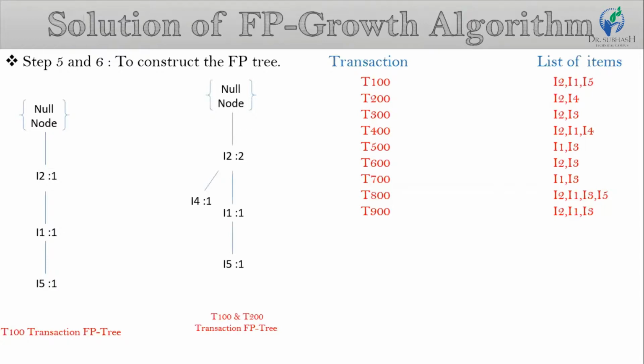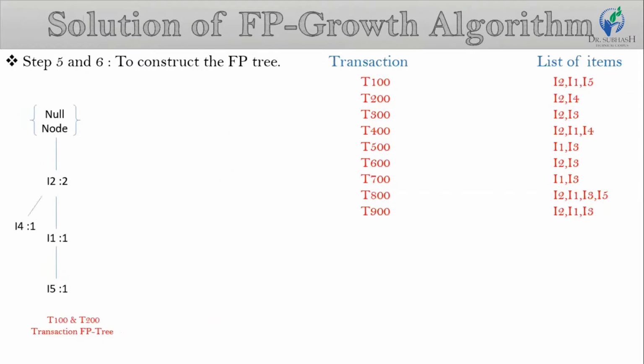However, this branch would share a common prefix I2 with the existing path of T100. Therefore, we instead increment the count of the I2 node by 1 and create a new node I4, with count 1, which is linked as a child of I2. The count of I2 is now 2.